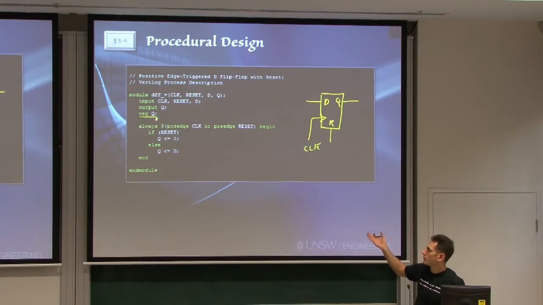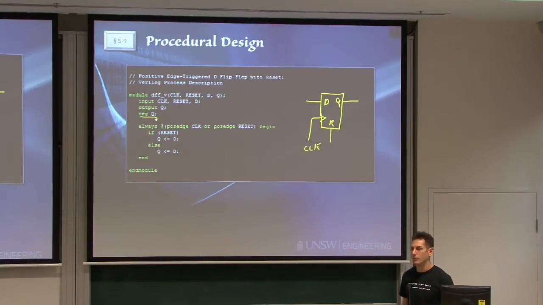There are no other concurrent statements, such as assign or any other components that live in this module. There's only this always process. It will sit idle, not do anything, until we either have a positive edge of the clock or a positive edge of reset.